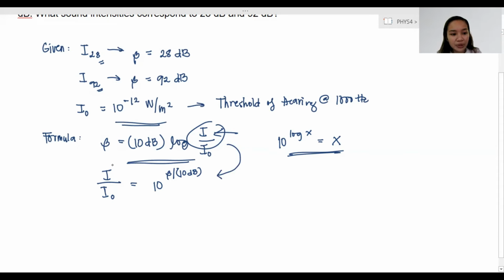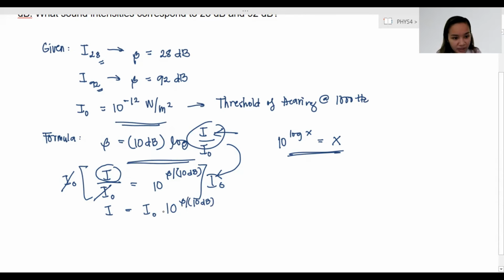Now, since we are going to look for I, we will multiply both sides by I naught, so that it cancels here and only the I remains on one side. Now, we have I is equal to I naught times 10 raised to beta divided by our 10 decibels.